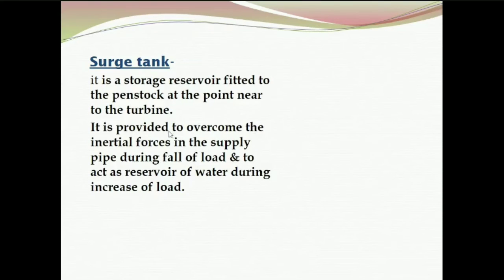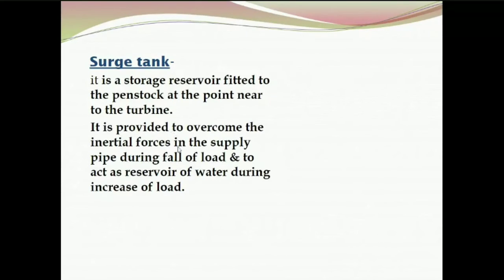Whenever there is a sudden rejection of load, the valve will be closed and the water in the penstock pipe will be returned back. But at that time, some inertial forces will be produced inside the penstock pipe due to sudden withdrawal of the load. So due to this, the water has to be conveyed to or bypassed to some other reservoir.